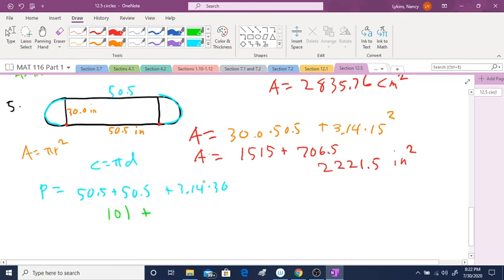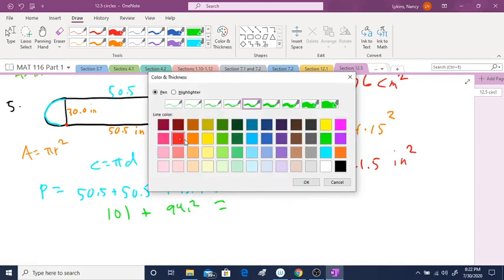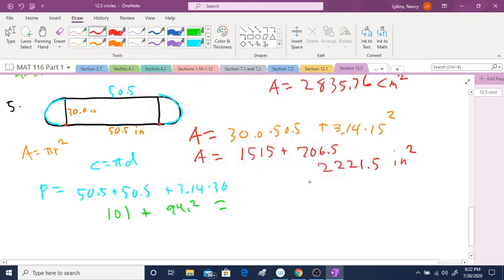And then if you take 3.14 times 30, you get 94.2, which comes out to be 195.2 inches.